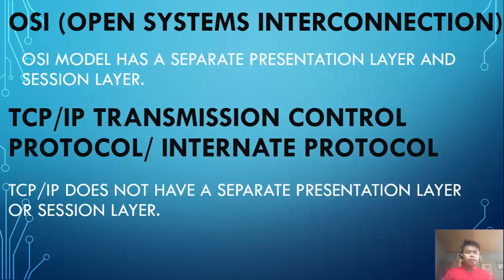So the next, the OSI model has a separate presentation layer and session layer, but TCP/IP does not have a separate presentation layer or session layer. So there's a difference between them.